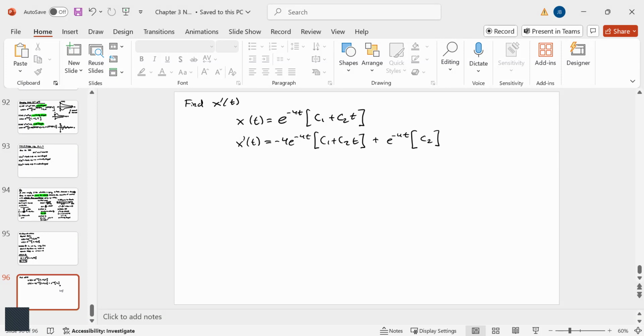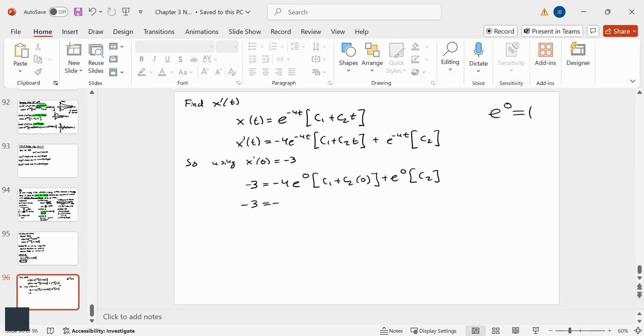And then now I just plug in 0. So using x prime of 0 equal to negative 3, we get negative 3 equals negative 4 e to the 0 times c1 plus c2 times 0, plus e to the 0 times c2. And again, I'll keep reminding you, e to the 0 is equal to 1.